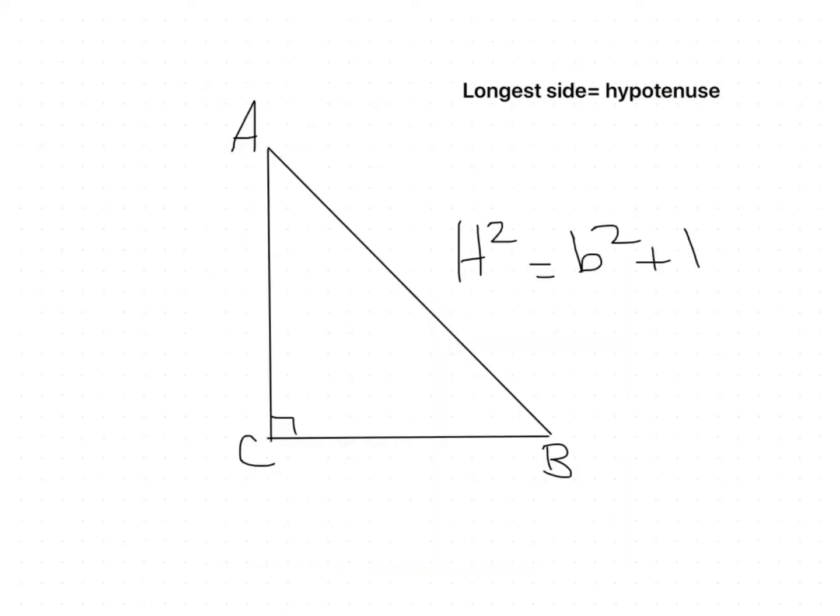As you can see, here is a right angle triangle with sides A, B and C. In this right angle triangle, the angle C is a right angle, meaning it is 90 degrees.